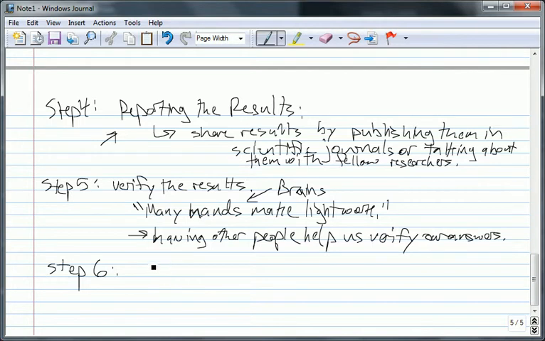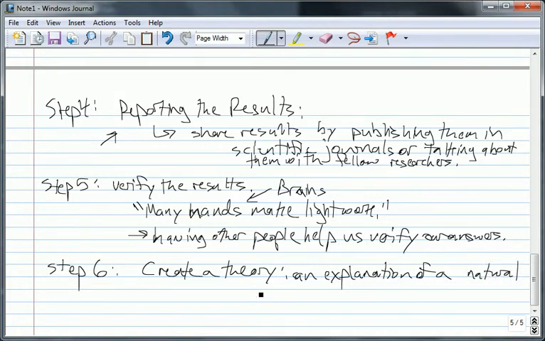What we do is we create a theory. By the way, a theory is an explanation of a natural phenomenon that is supported by a large body of scientific evidence.